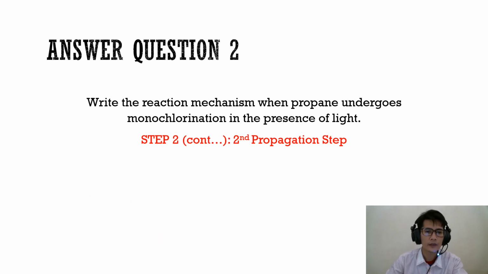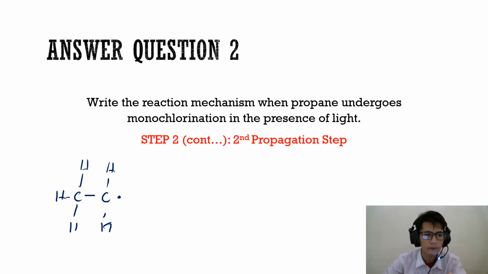This is still considered the second step, continuing from the previous. This is called the second propagation step. So the radical of the ethane will attack the chlorine molecule.